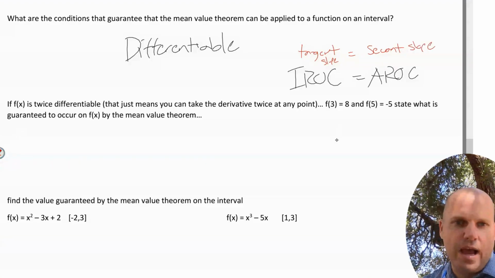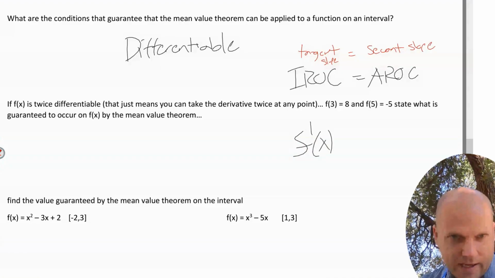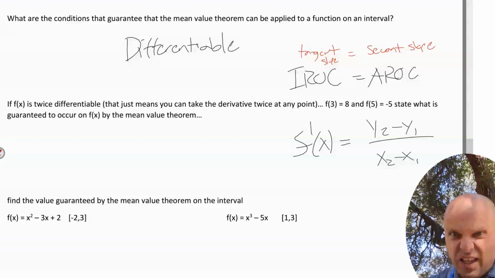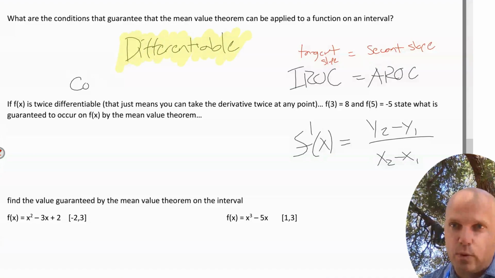You're guaranteed to have a slope of f at some x that equals the slope over the interval. Okay. All you need to make sure is that the function is differentiable, which means it's continuous and it has no sharp points.